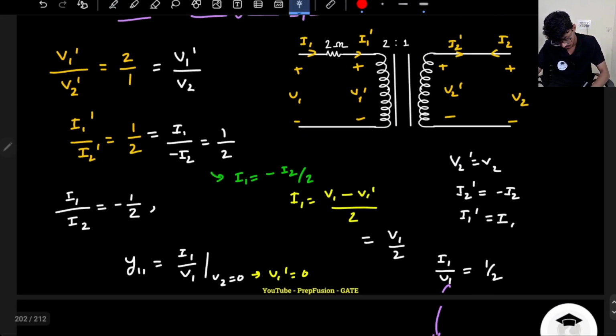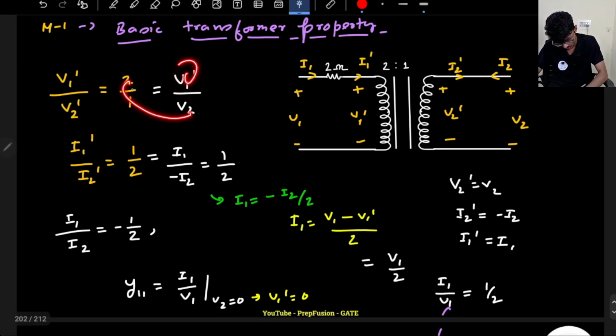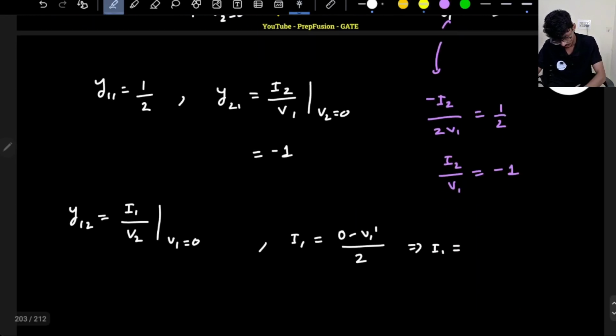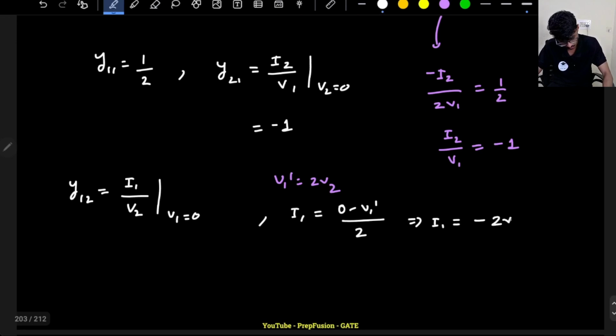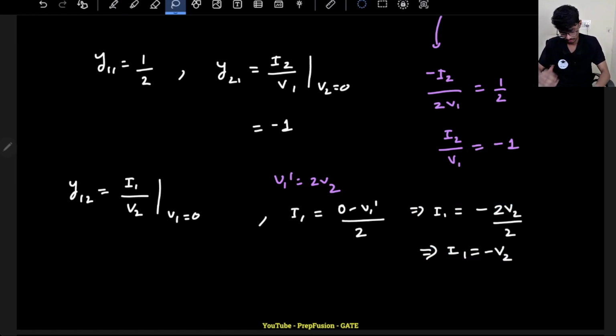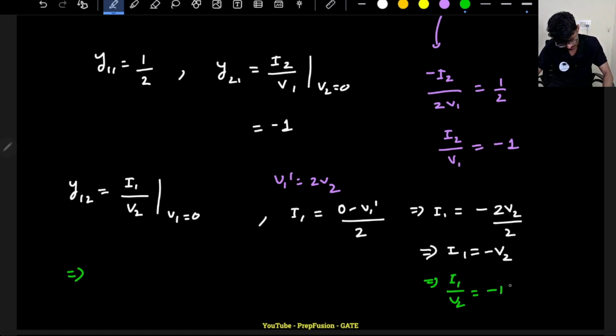V1 dash equals 2 into v2, so I can replace it here: minus 2 v2 divided by 2, so my I1 will be minus v2. So I1 by v2 is minus 1.